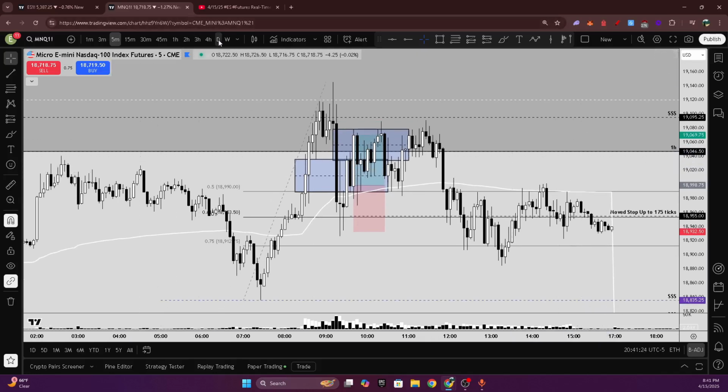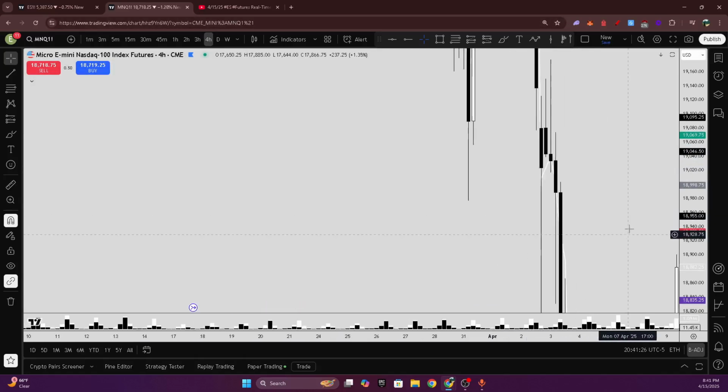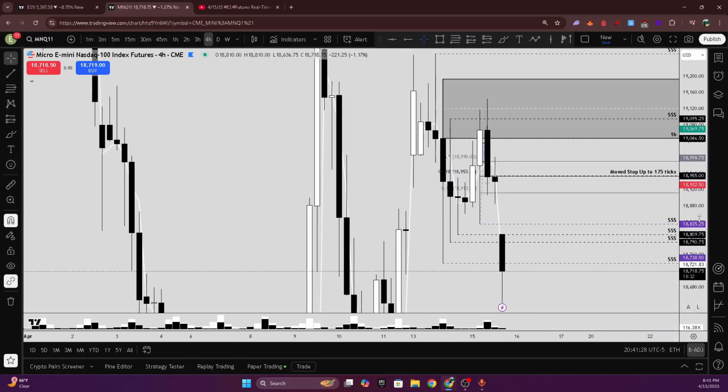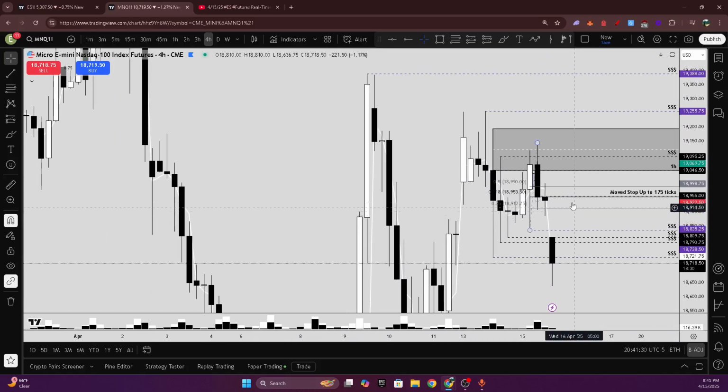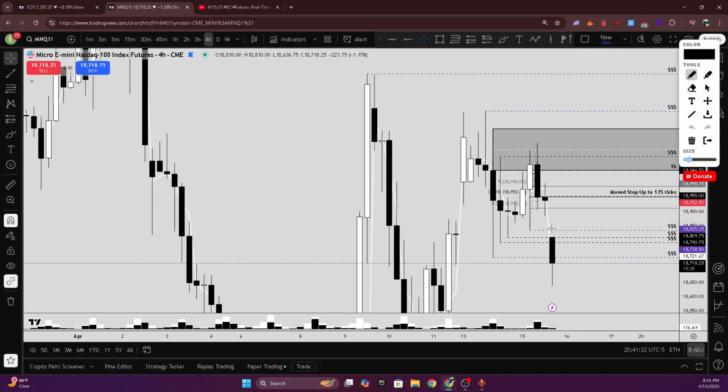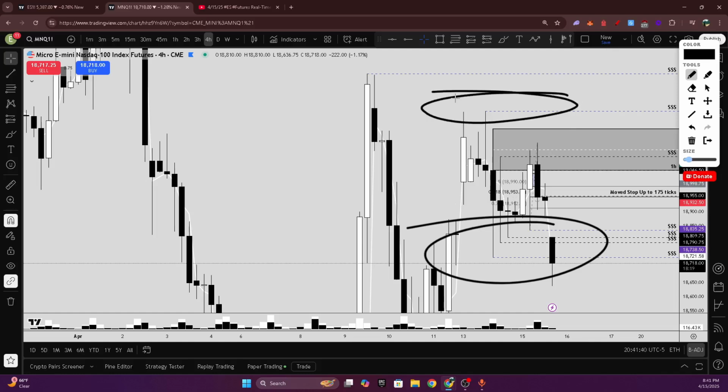So starting on the 4-hour, just to give you a bit of context within the market, we marked out all our liquidity levels. We had many liquidity levels to the downside, as well as this major liquidity level.